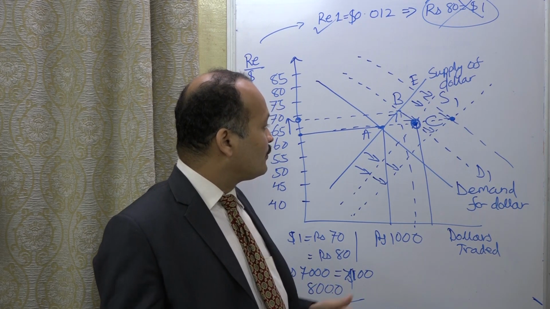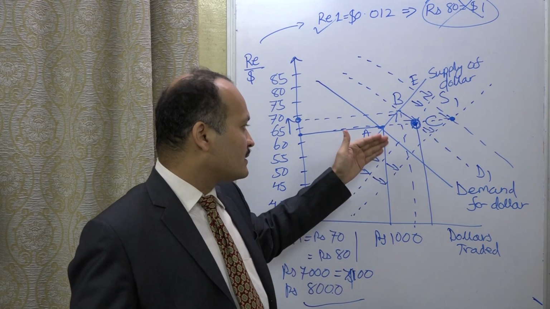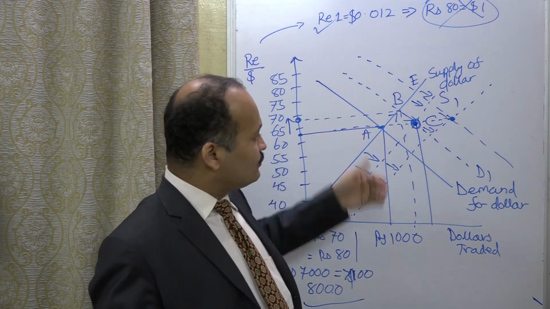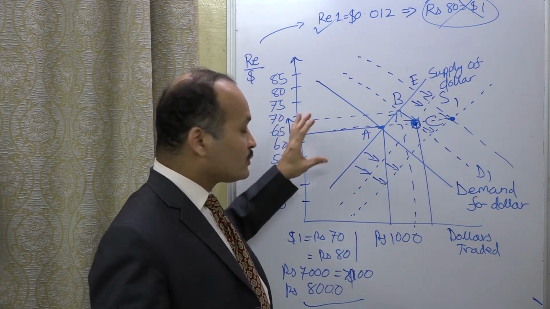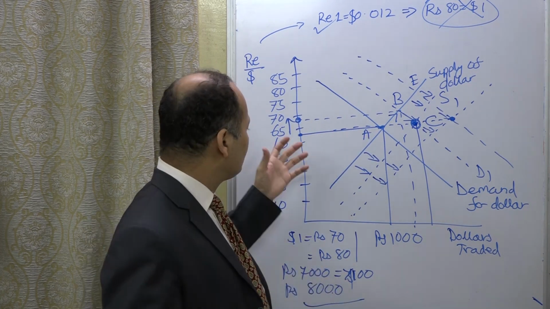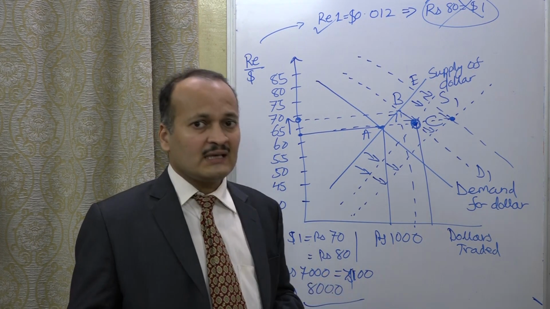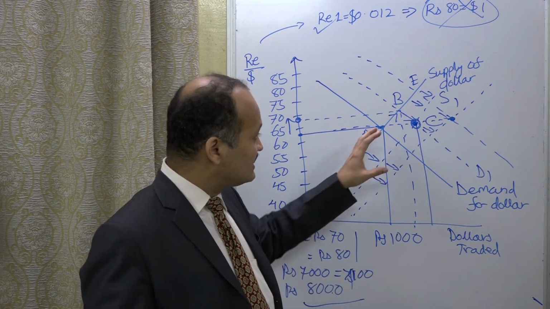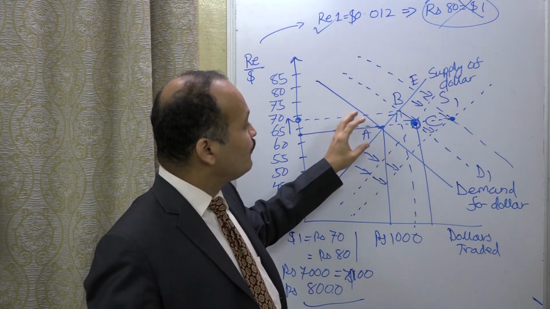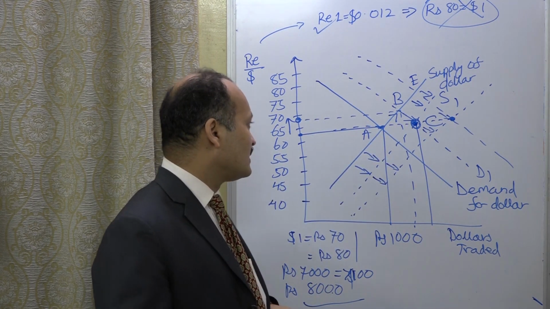Okay, so sometimes it is said it is better not to use scarce forex reserves to support the rupee at a particular level, because the exchange rate is a price, and let that price be governed by the market forces of demand and supply, rather than you trying to intervene in the market to support the rupee at a particular level.